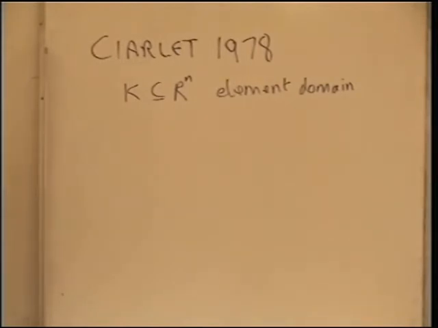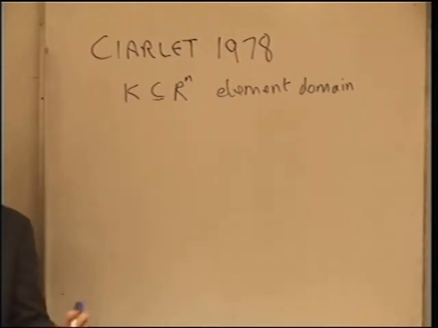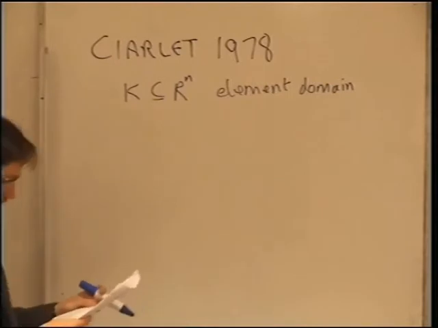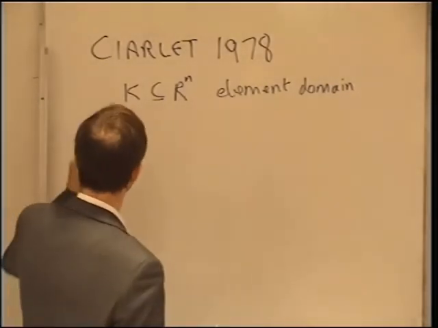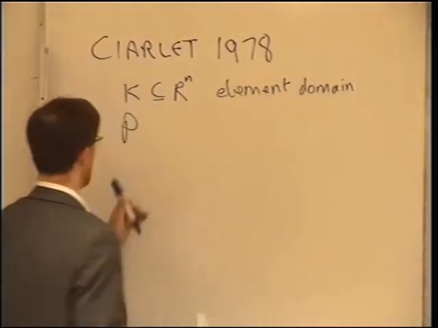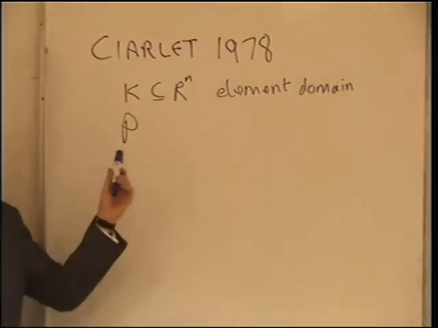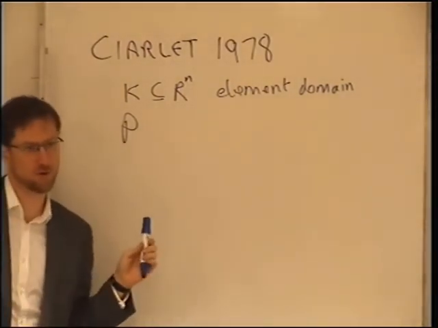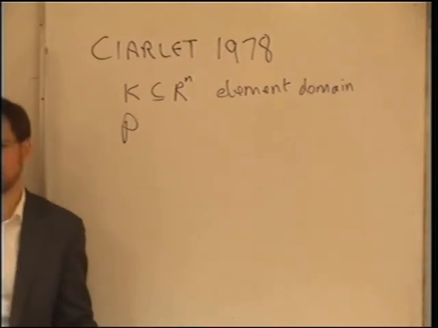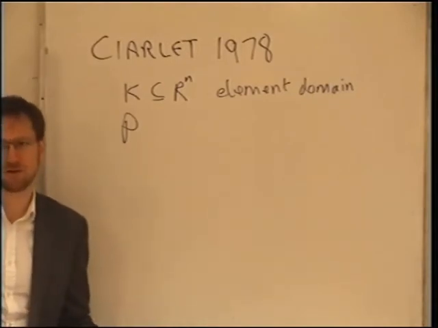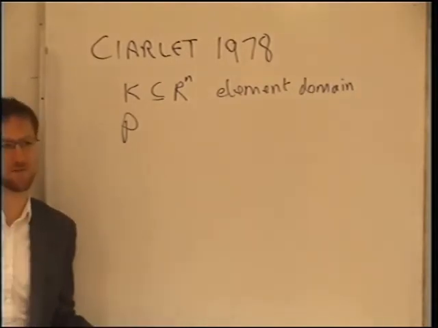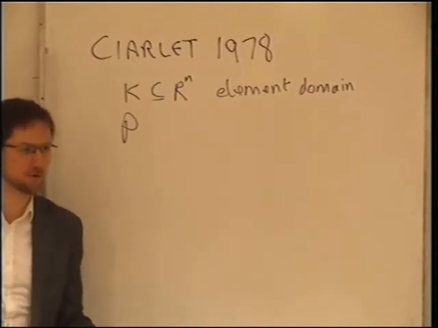Now, remember that the important thing about a finite element is that we can represent functions on it. That's kind of the whole story. So we need P. The reason I believe that he uses the term P for this is because the spaces we're thinking of are polynomial spaces, because almost exclusively those are what are used for finite elements.